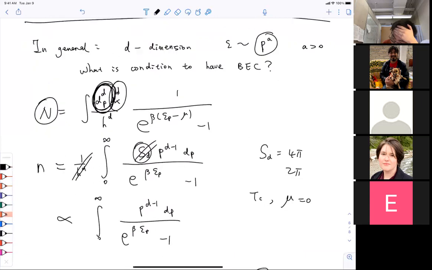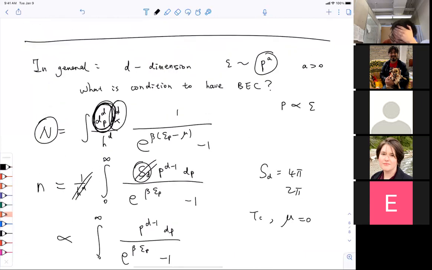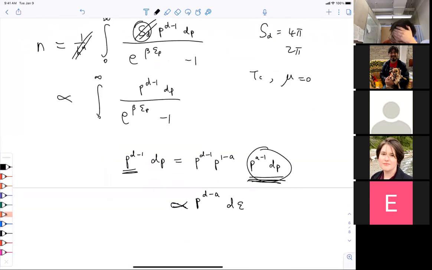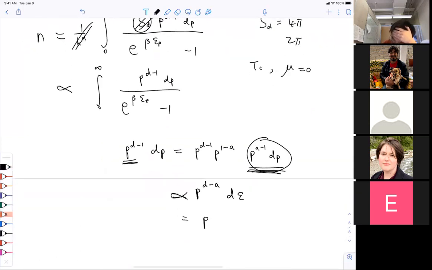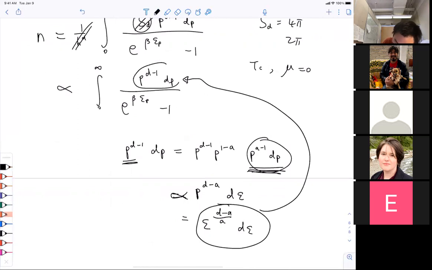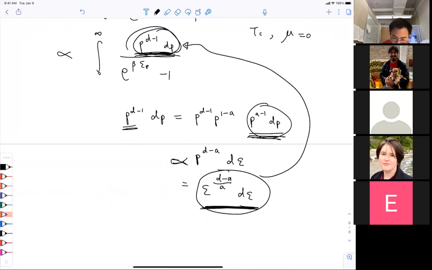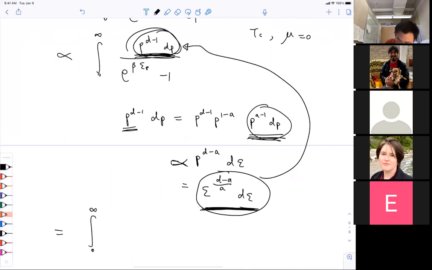We know the relation is p proportional to epsilon to the 1 over A. We replace this expression with d epsilon, and we get epsilon^(D/A - 1) d epsilon over exponential of beta epsilon minus 1.